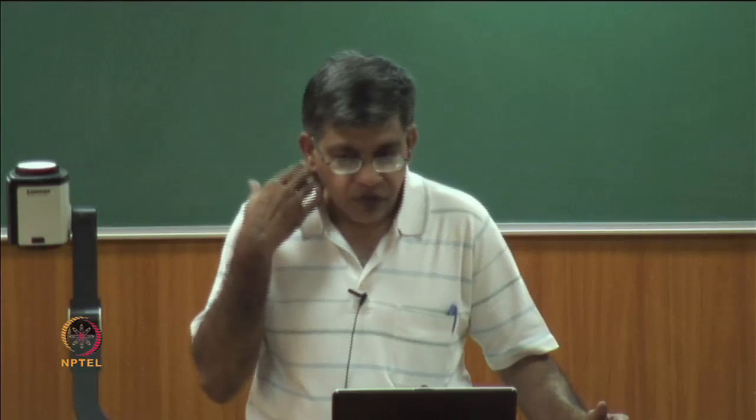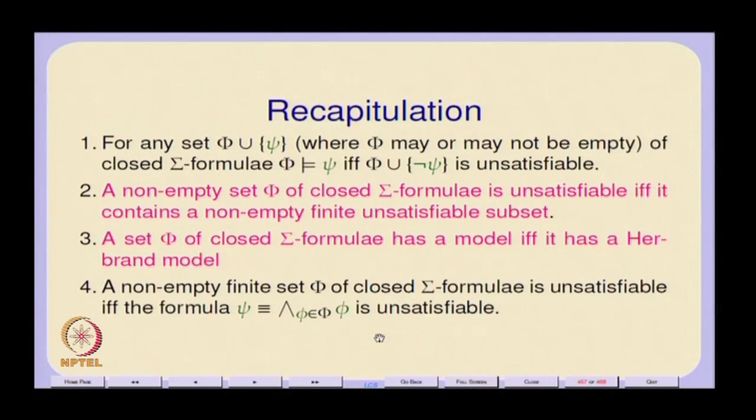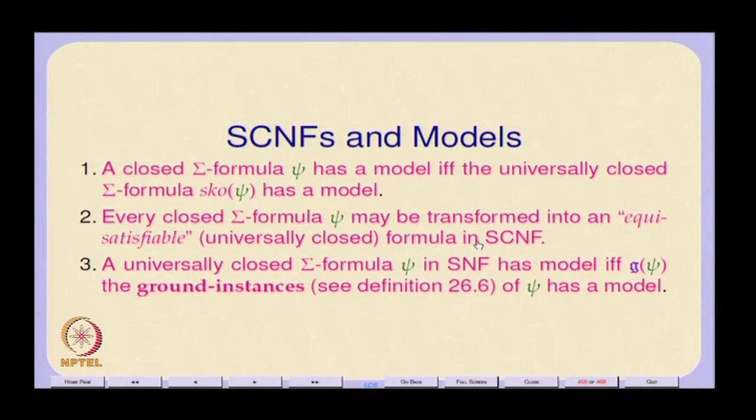So, both the compactness theorem of propositional logic and the compactness theorem of first order logic essentially tell you that there might be an infinite number of propositions generated by the ground instances, but if I am looking at it not as validity but as unsatisfiability, then I have to look for only a finite subset which is unsatisfiable, which is technically a very important result.